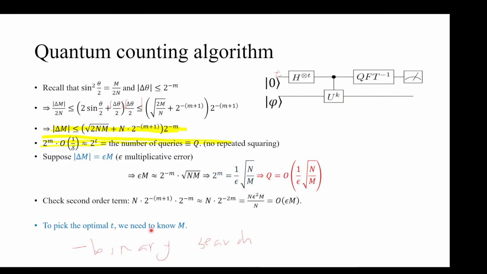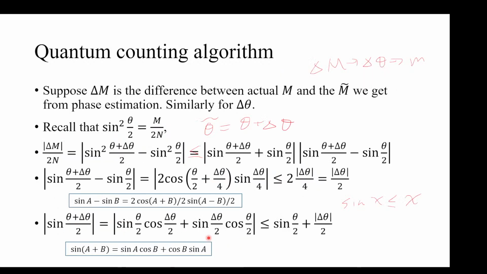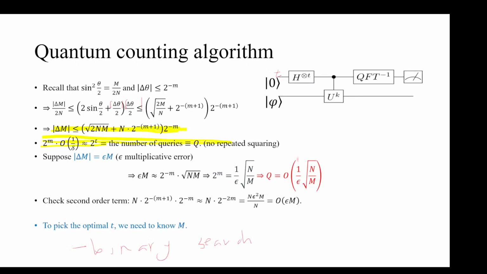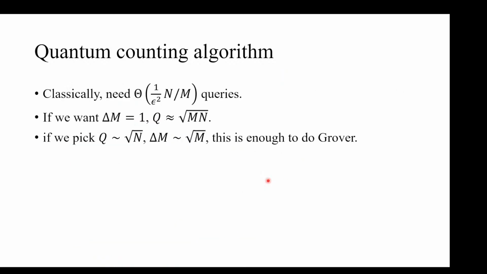That's a bit annoying. But let's see some more useful cases. Once again, as we said, classically you need one over epsilon squared queries, so if you are able to do this, then you get a square root speedup.